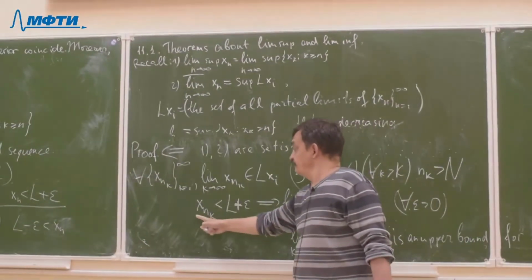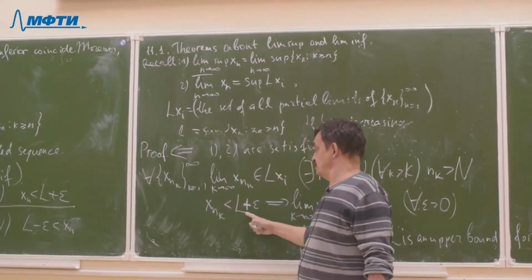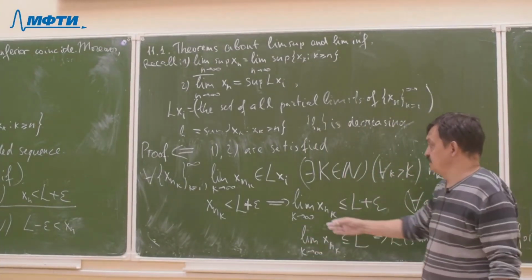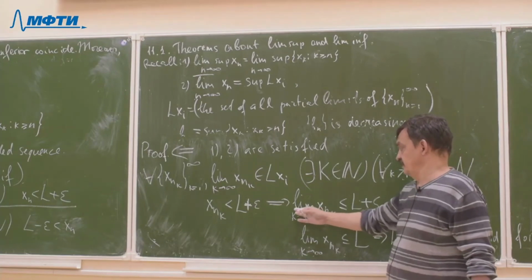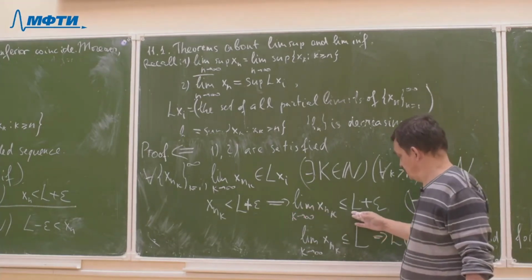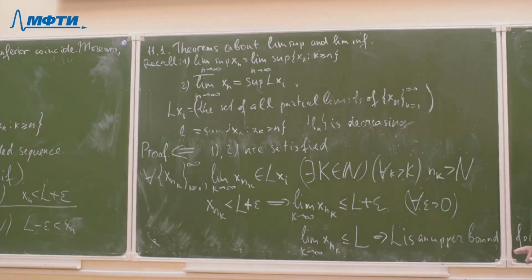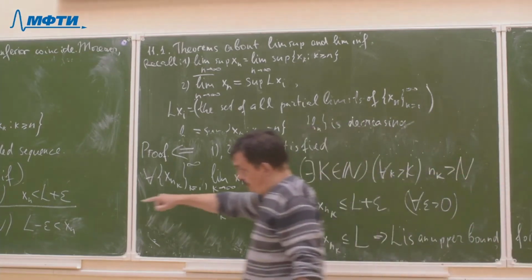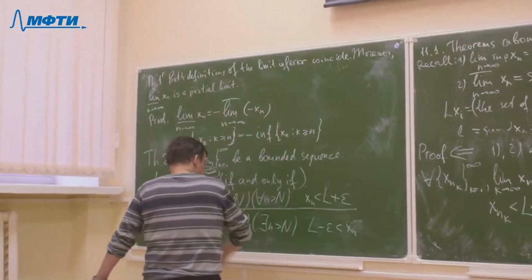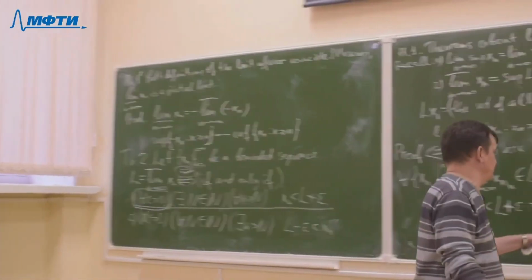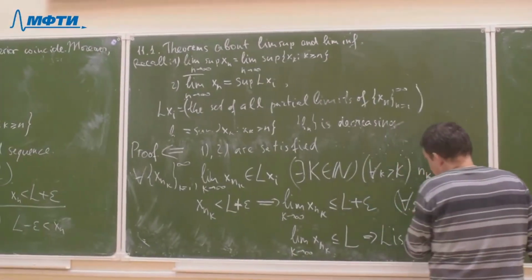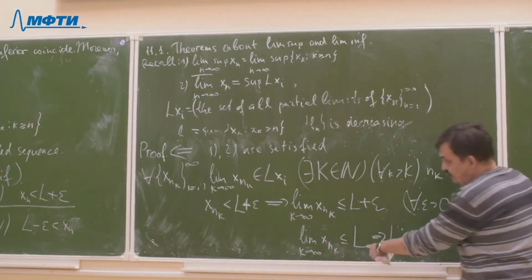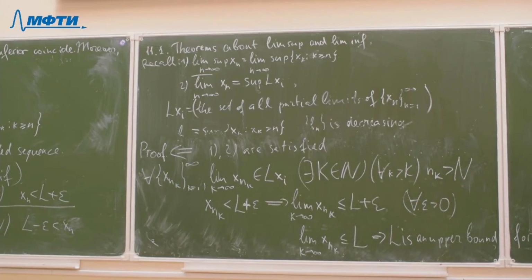So we have the inequality x_{n_k} less than L plus epsilon for all k greater than capital K. Hence, by properties of limits, the limit of x_{n_k} is less or equal than L plus epsilon. And this inequality is now proved for arbitrary epsilon greater than 0, so we have the inequality without epsilon as well.